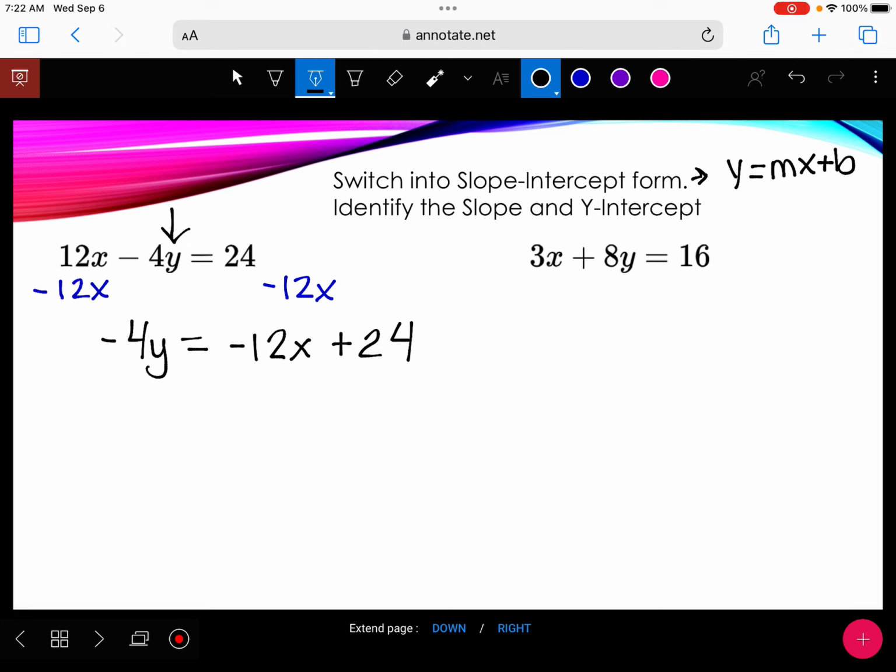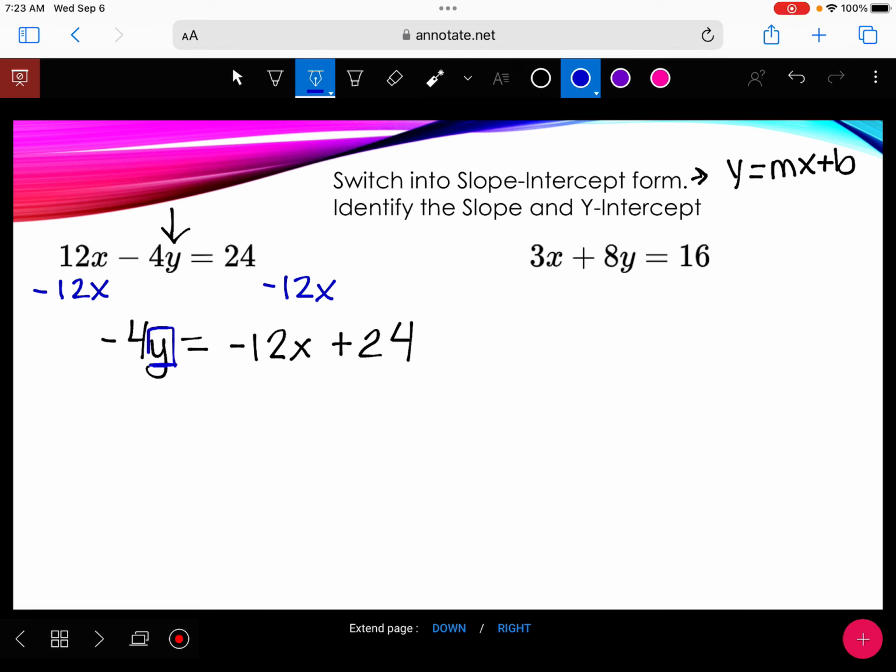Questions on this step? Because sometimes it feels weird when we change what spot they're in. Okay. I want y by himself. How do I get y by himself? We're not going to plus y. I want the y to stay. So I want y to stay here. What do I need to leave?